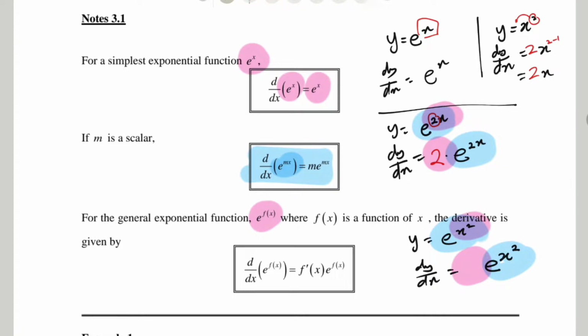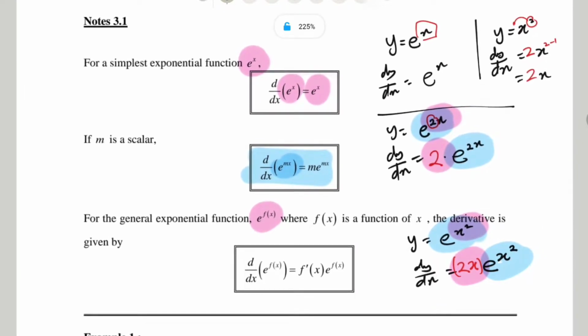Now, what do you get when you differentiate x squared? When you differentiate x squared, remember you bring the power 2 to the front, multiply with the unknown, and then subtract the power with 1. 2 minus 1 is just 1. So what you get is just 2x. So that's where this formula comes from. You have to copy the exponential with the power exactly as it is, and then multiply with the derivative of the power.